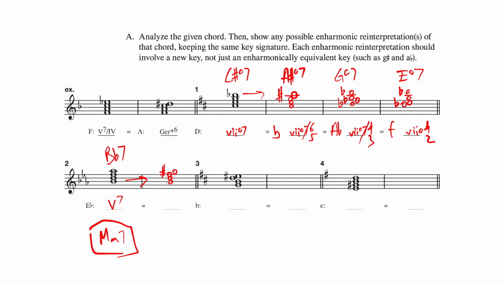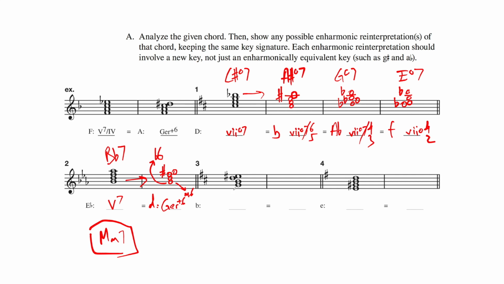And as we know, this note is flat 6 of a particular key. We can find it by going minor 6 down, and we will find D minor. It is German augmented 6th in D minor.